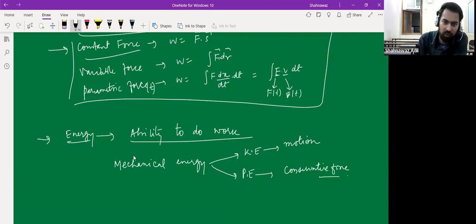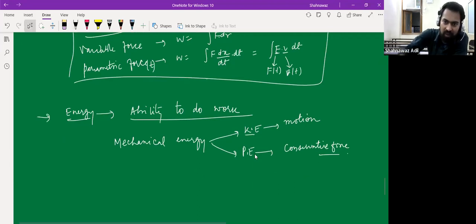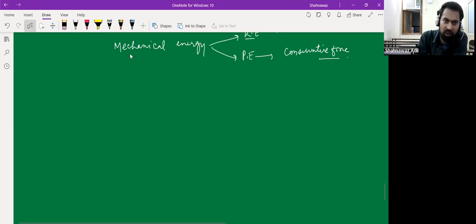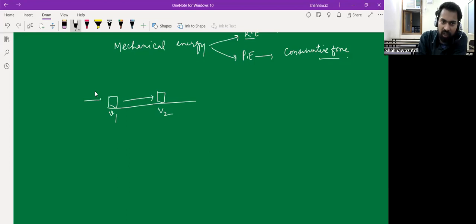So what is kinetic energy? If you have a moving body, let's say this object is moving with velocity v1 and it reaches here because some force is applied.